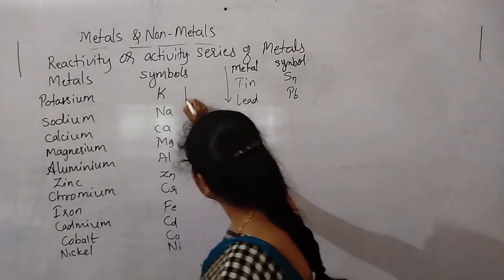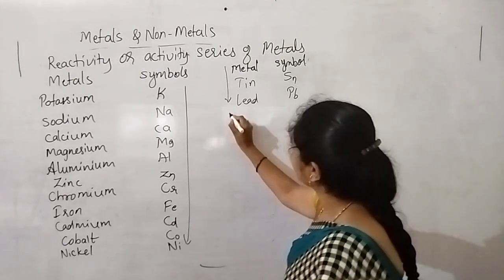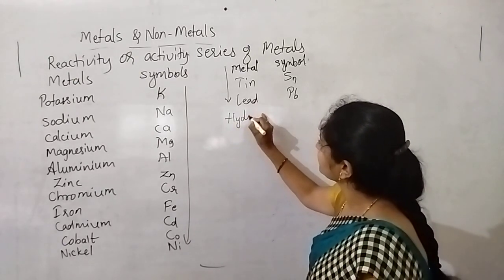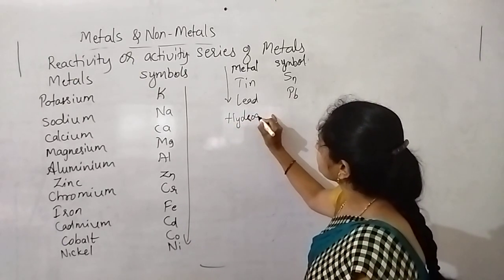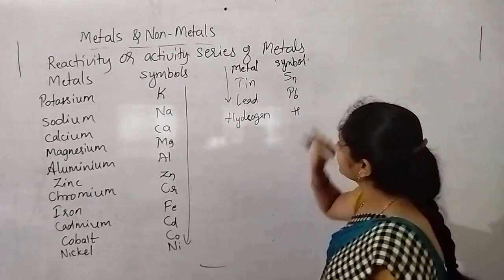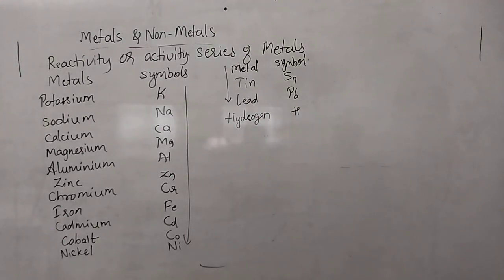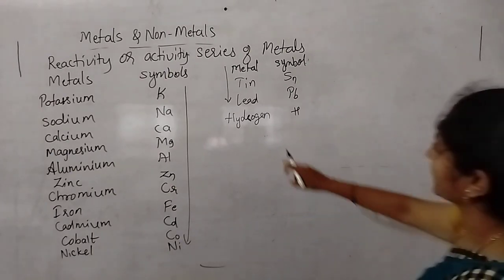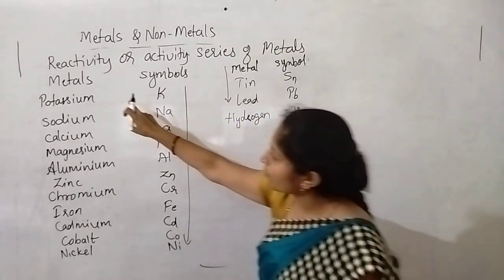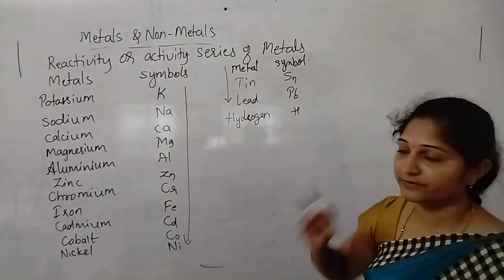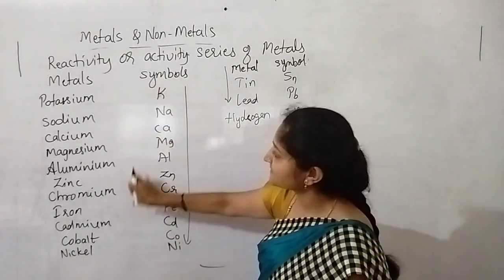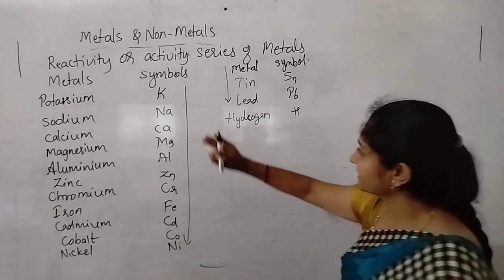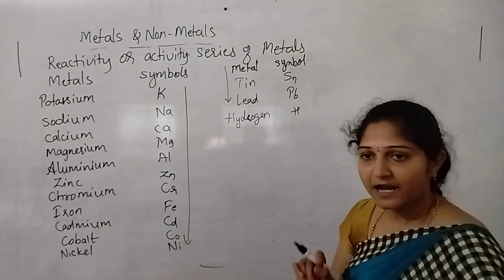Now hydrogen comes here, written H. Remember children, tin and lead are more reactive than hydrogen. Whenever these metals react with an acid, they give rise to hydrogen.